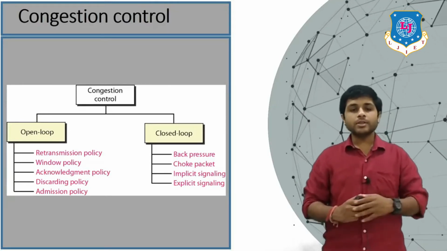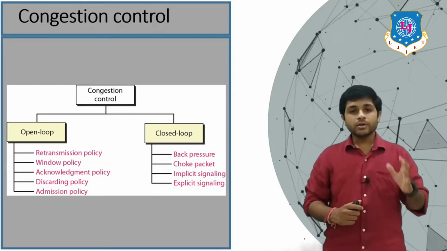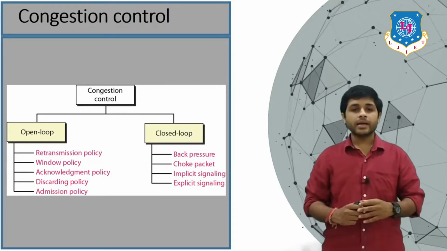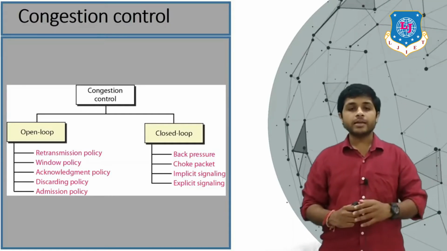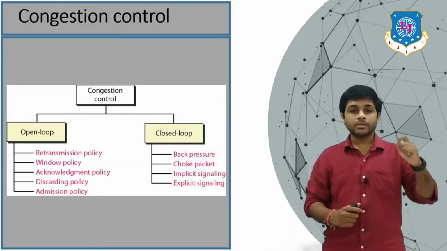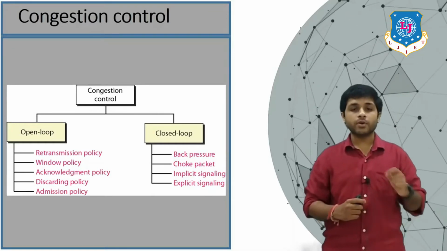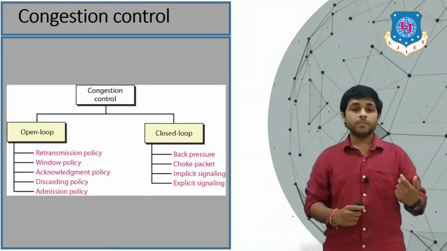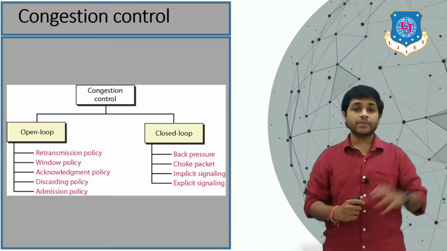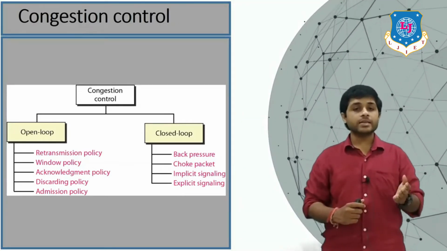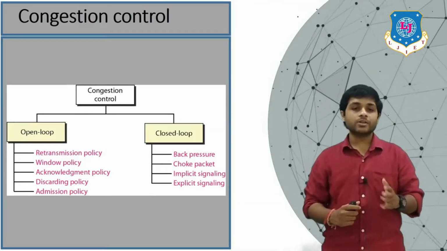So the discarding policy tells that the router will analyze each packet, and according to the priority, the router will select which particular packet will be forwarded first and the remaining packets after that. And if some packets have very low priority, in that case the router can easily discard those packets.